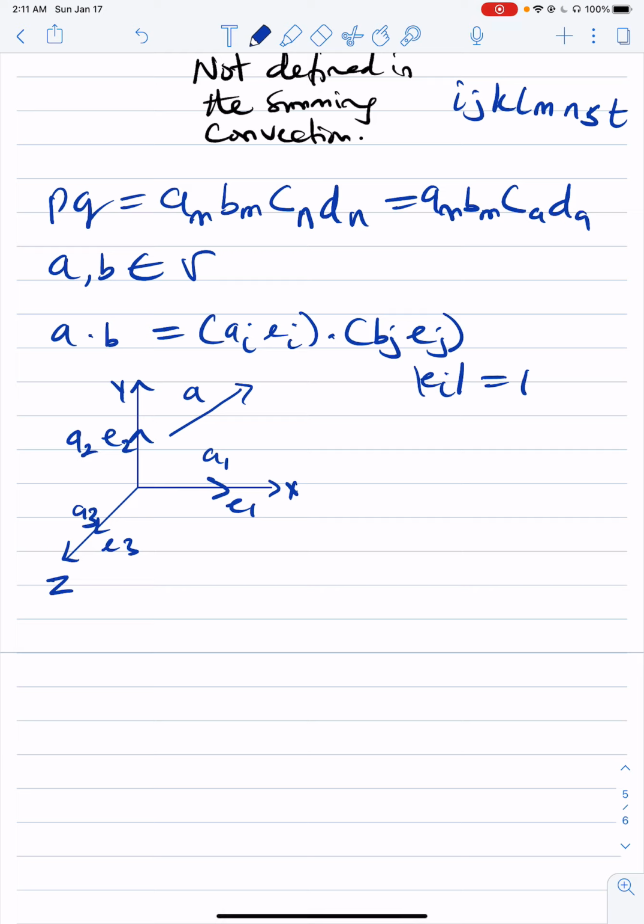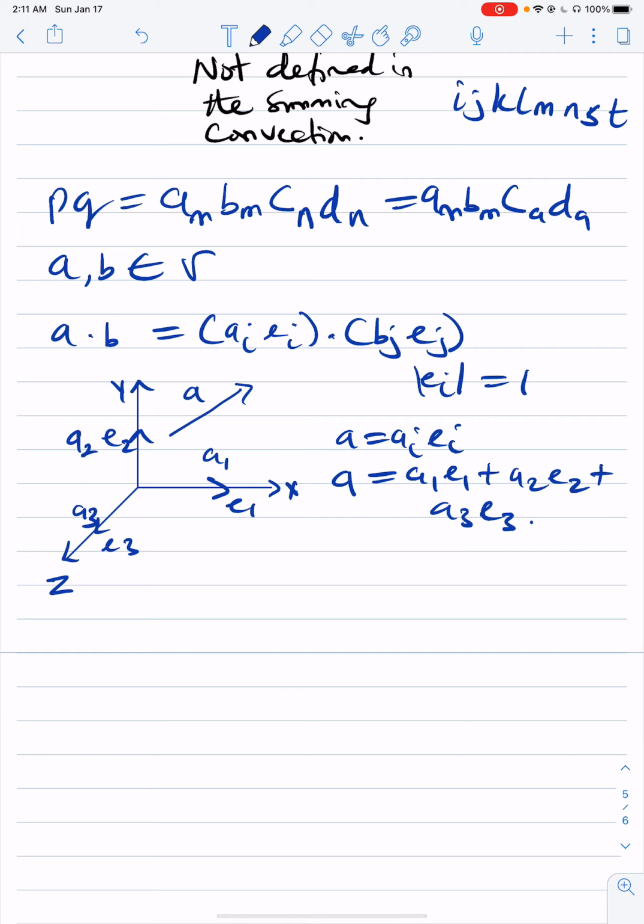That's what we mean by component. So if A is equal to A_i e_i, then all the components will be A_1 e_1 plus A_2 e_2 plus A_3 e_3. The sum of all the components times these base vectors, or unit vectors, will give you A itself, which is this. I hope that makes a lot of sense.